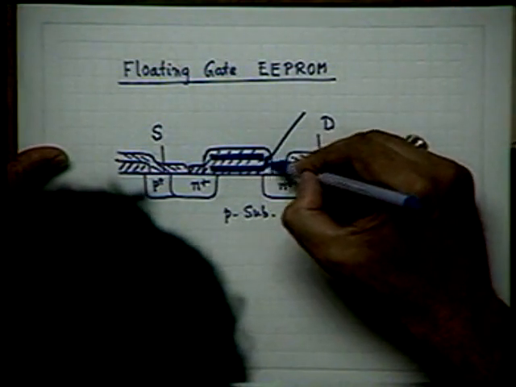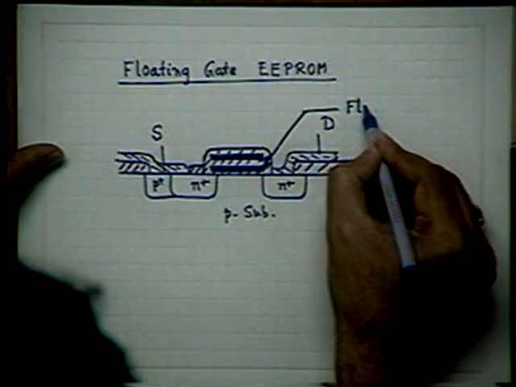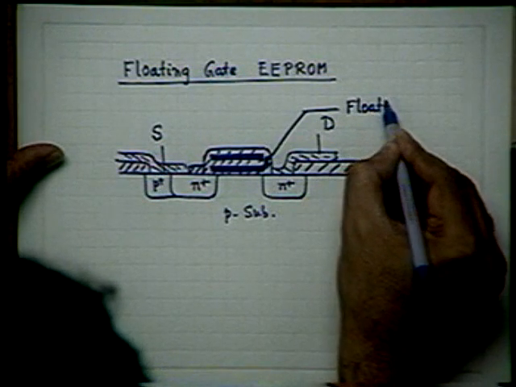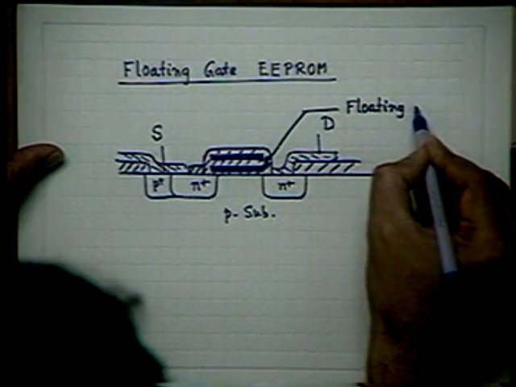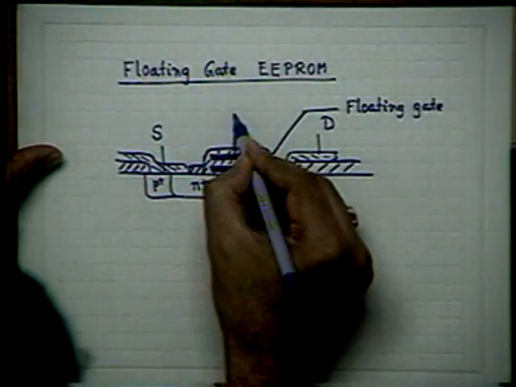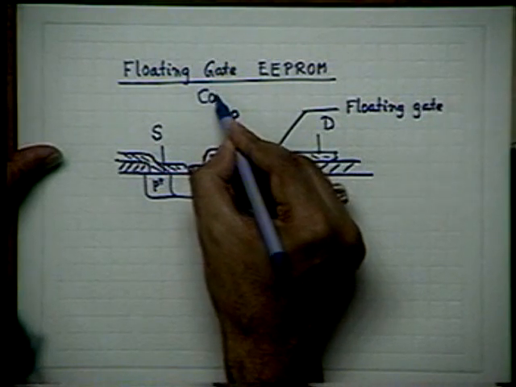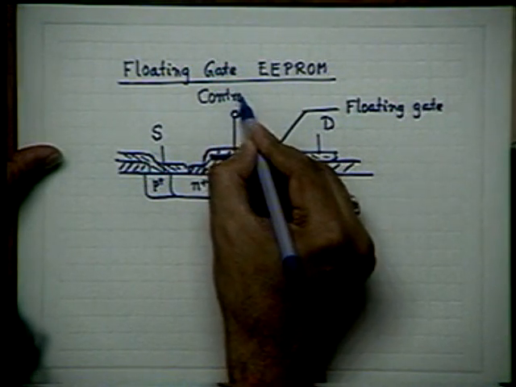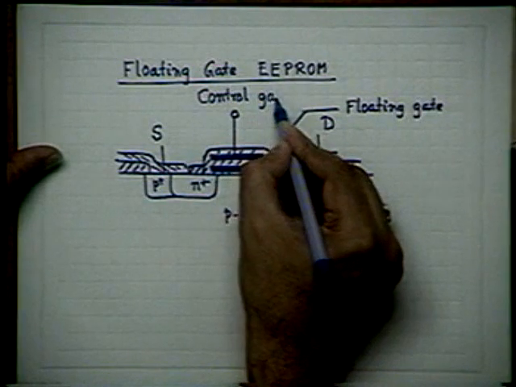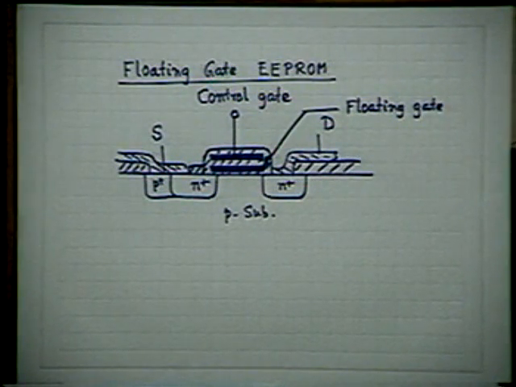This gate is a floating gate. And this gate, which has got an external connection, is called control gate. So this is the device.